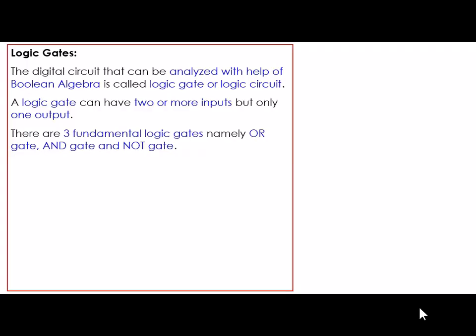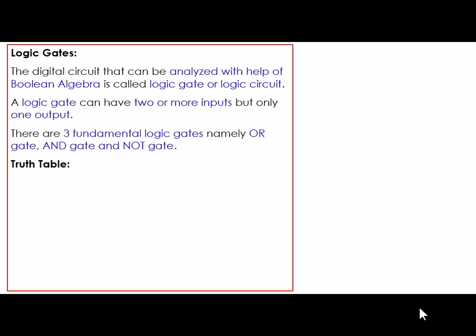There are 3 fundamental logic gates, similar to the 3 fundamental logical operations used in Boolean algebra, and these fundamental logic gates are OR gate, AND gate and NOT gate. These gates are electronic circuits.